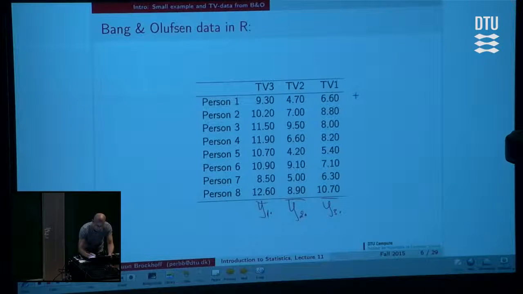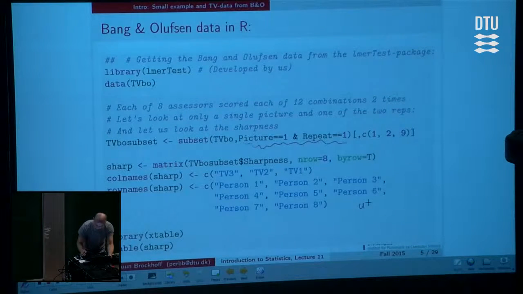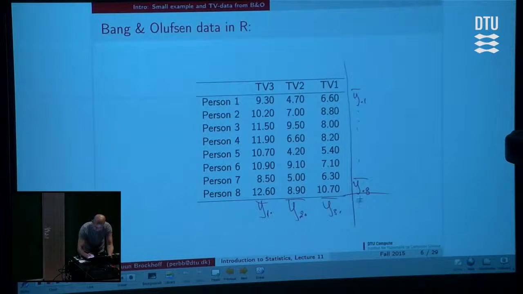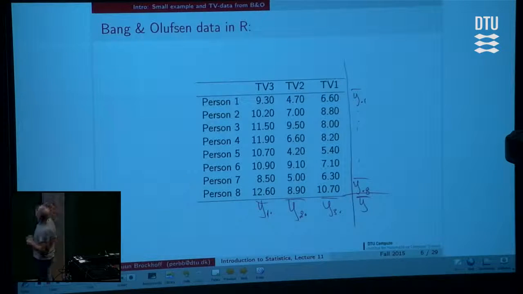I could also talk about means of persons, right? Sometimes we use double mean or just Y bar, double bar.